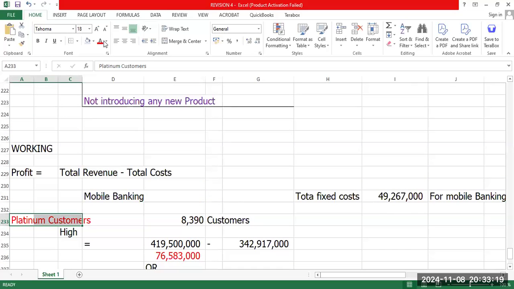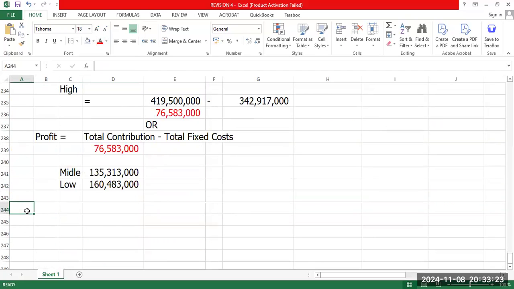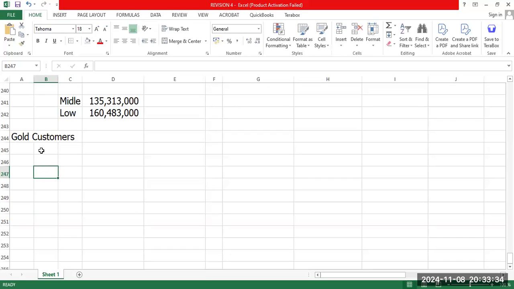But remember, under mobile banking, you have platinum and gold. So handle gold. So you see the time. Gold customers. Now, for gold customers, you'll still get for high the profit. What is profit?